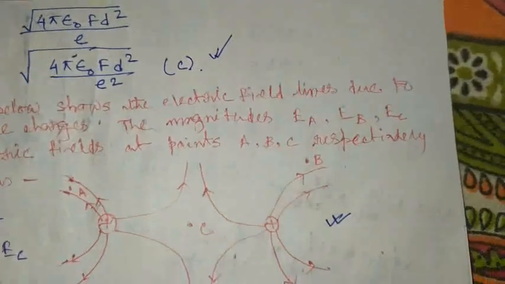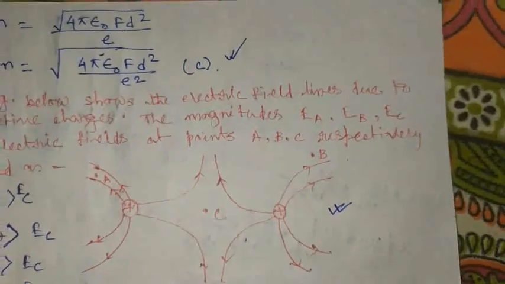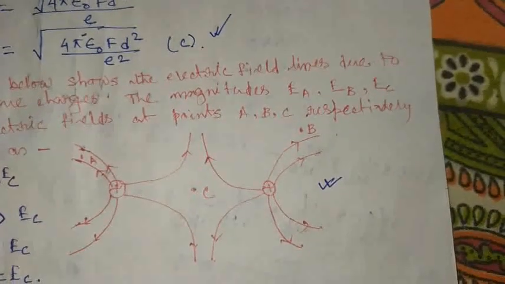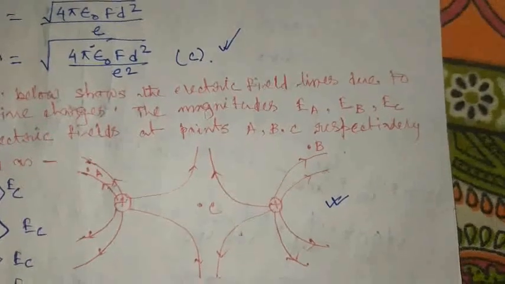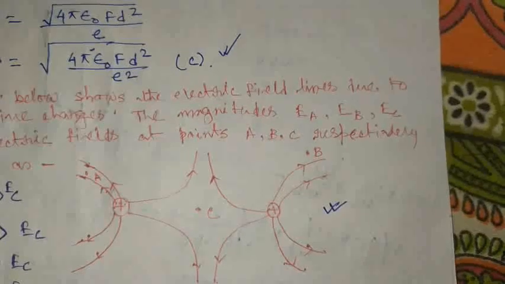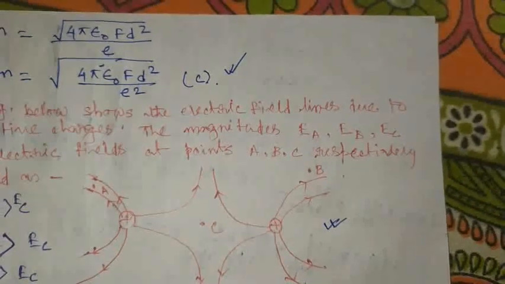So now we have to remember the property of electric flux lines: the density of flux lines around a point gives the strength of the electric field there.